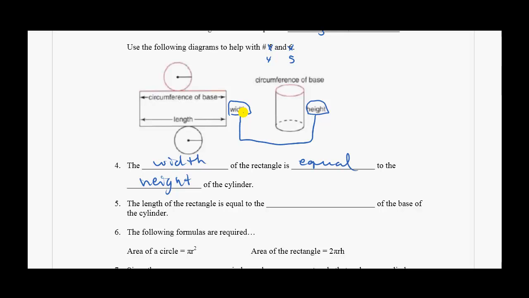The length of the rectangle is equal to the circumference of the base of the cylinder. The circumference, which is also the length, is that distance around.